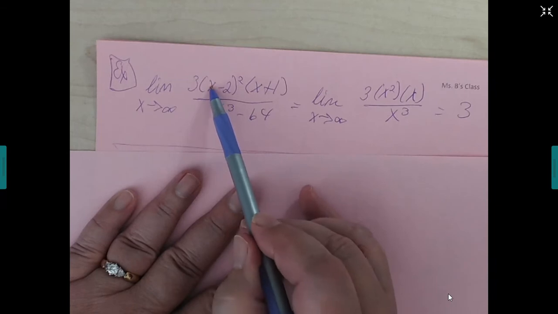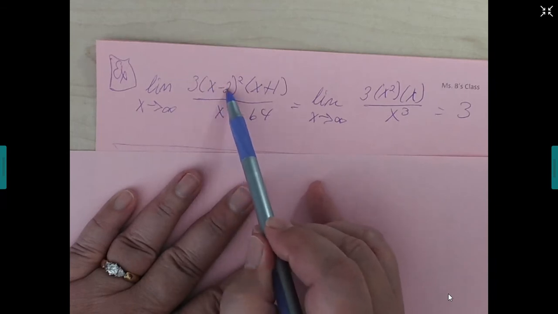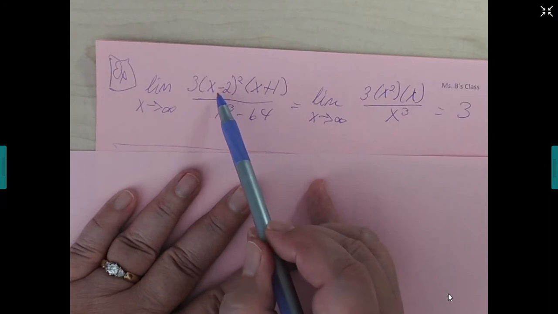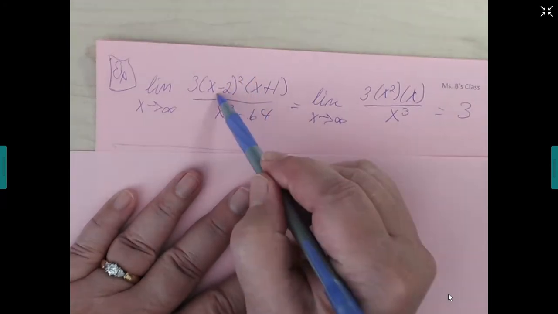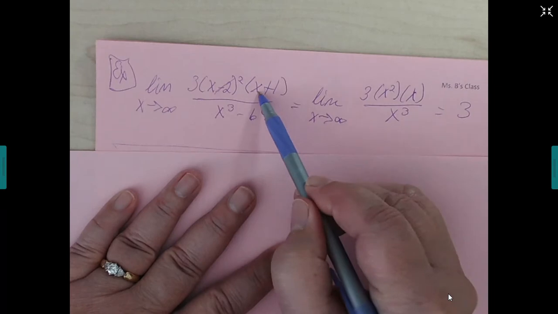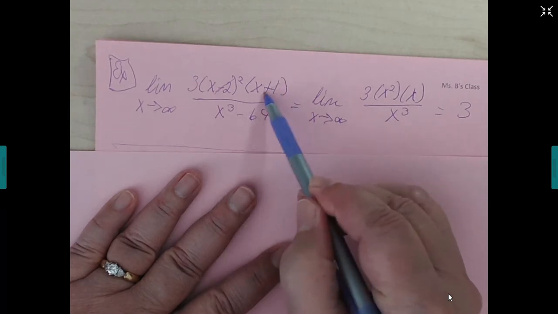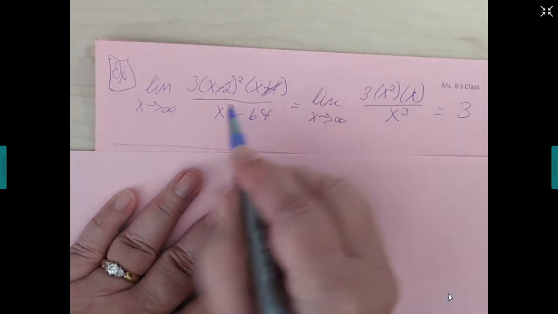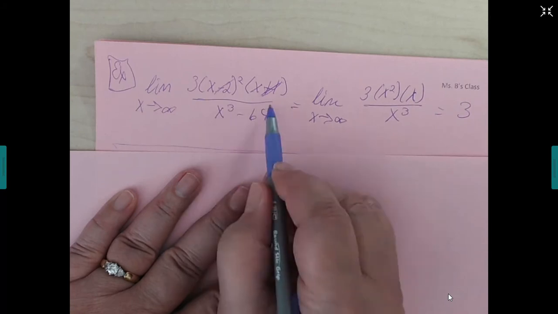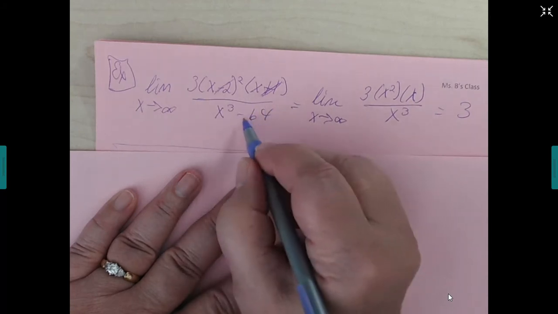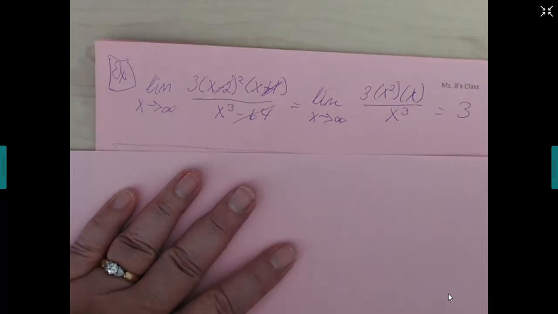So put in infinity here. Infinity minus 2. Do you care? Minus 2, really? Does that play a major role when you're talking about infinity? No. Okay, so you can get rid of that. How about infinity plus 1 plus 1? Who cares, right? Same with this. Infinity cubed minus 64. Who cares about a piddly little minus 64 when you're talking about infinity cubed, right?